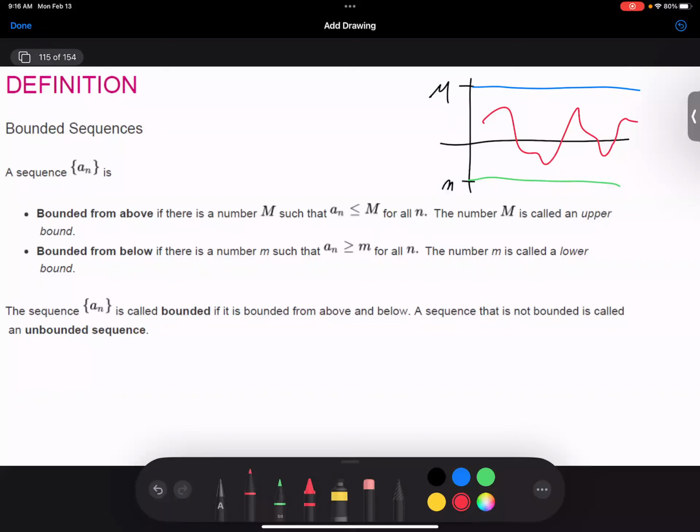Okay, so a sequence is bounded if it's bounded from above and below. If it's not bounded, in a shortcut, we call it unbounded. You could also say not bounded if you would prefer. That's absolutely fine. It makes things technically easier if we have bounded sequences. There are certain results that are true if we have things that are bounded. Why?